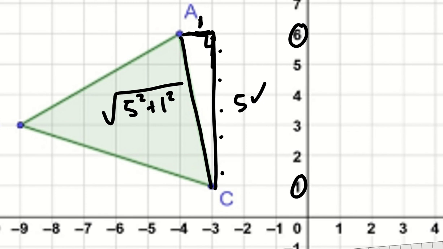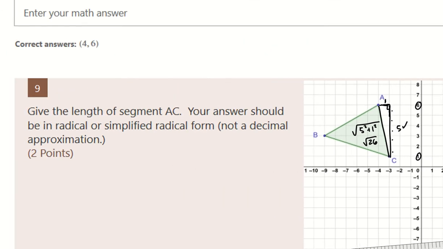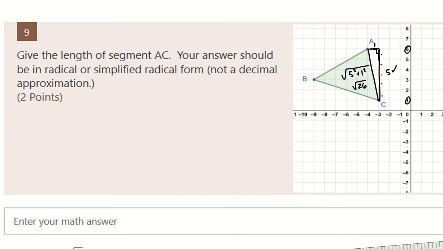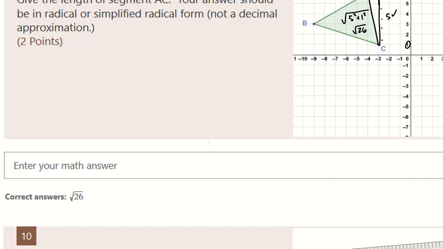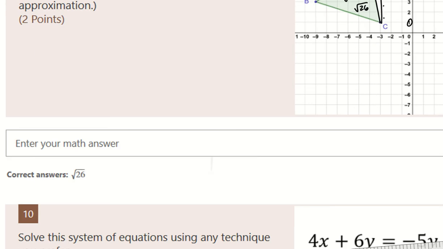So this is 25 plus 1, or the square root of 26. It says your answer should be in radical or simplified radical form, not a decimal approximation. So you should definitely enter root 26 as your answer. So the length of that segment is root 26.